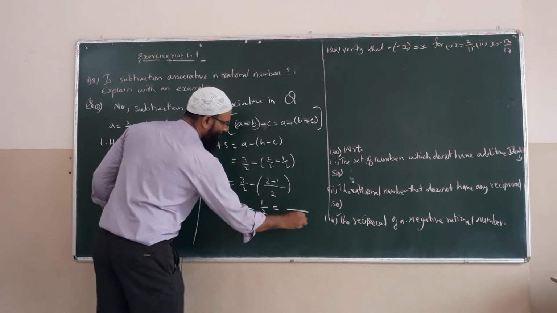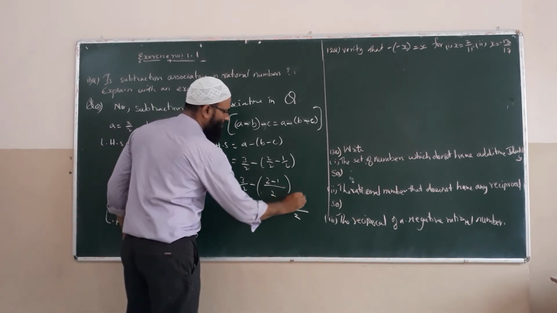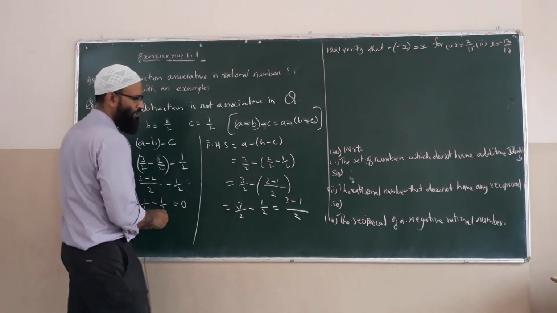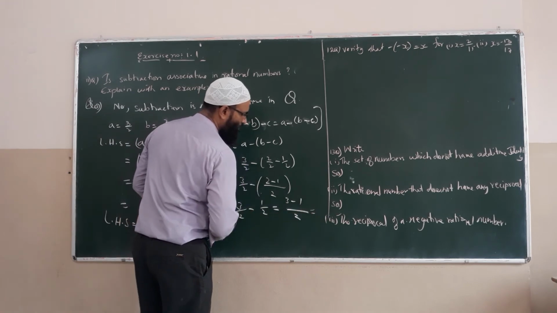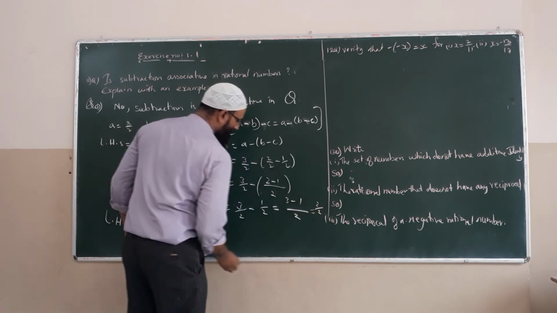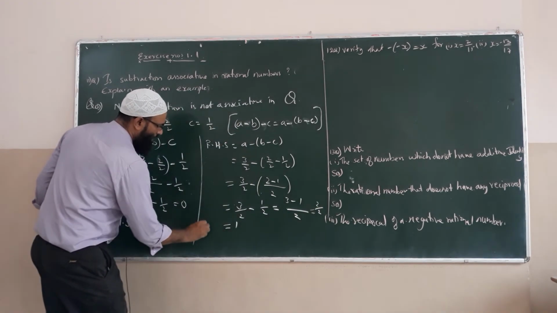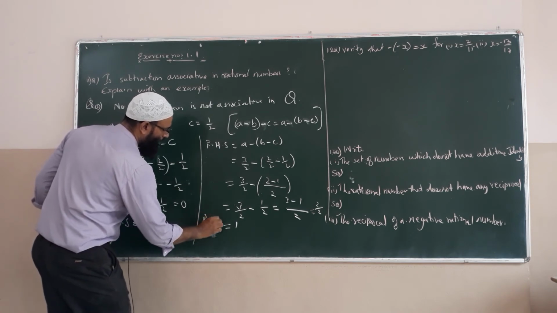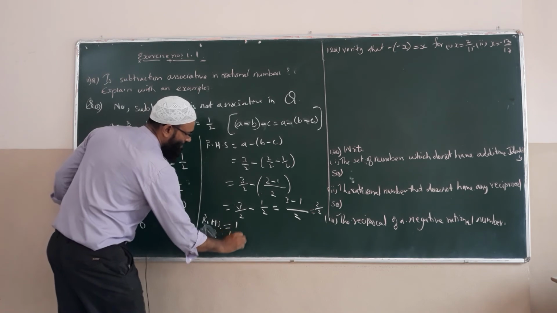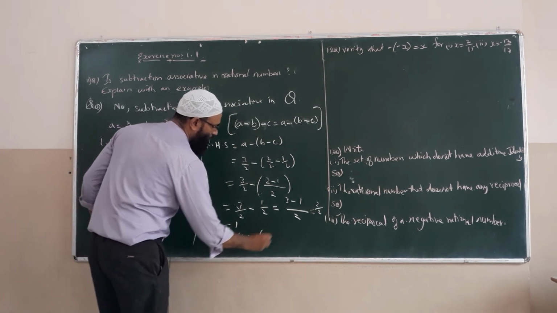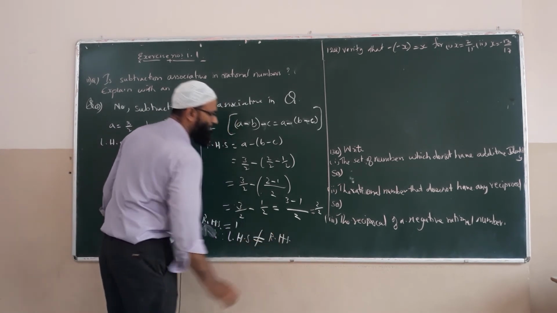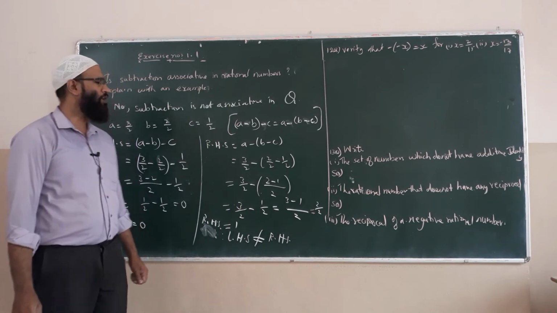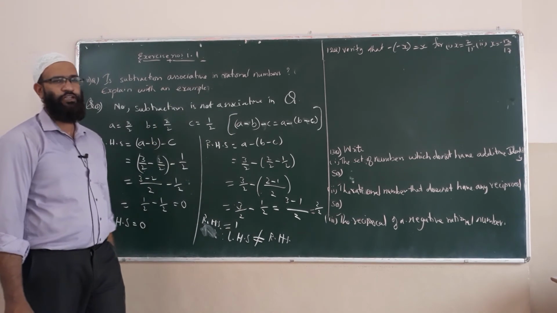The denominator is common. 3 minus 1 is equal to 2 by 2. 2 by 2 is nothing but 1. Then RHS is 1. Therefore LHS is not equal to RHS. From this we can understand that subtraction is not associative in rational numbers.